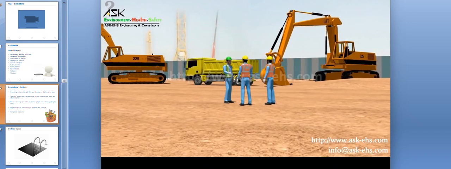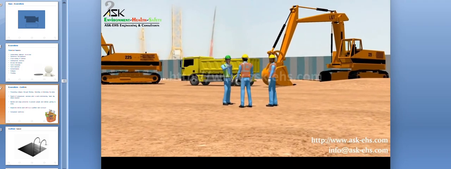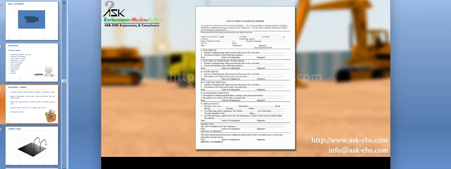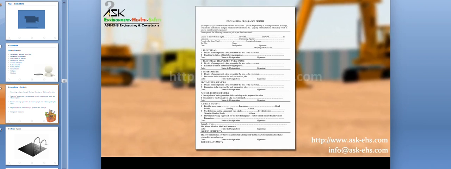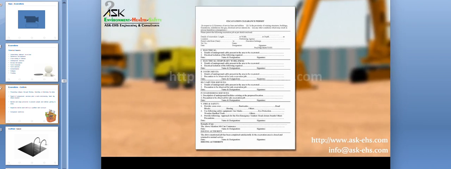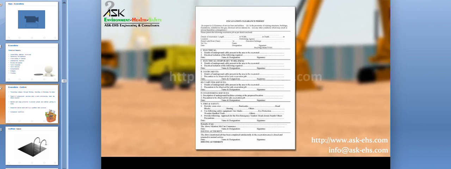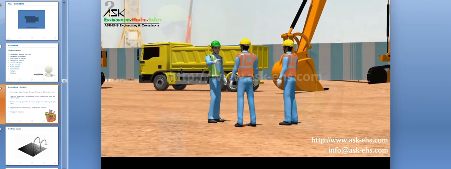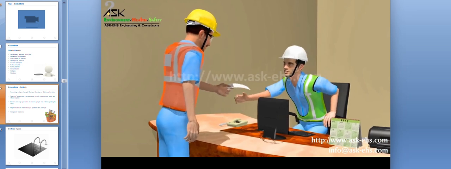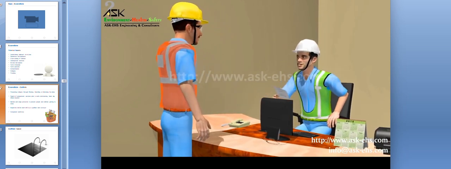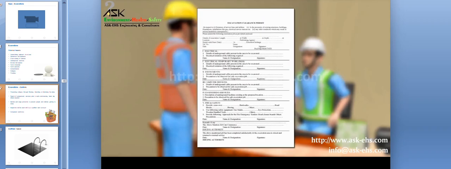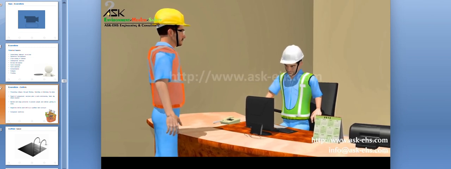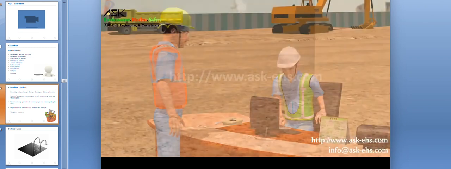Before starting any excavation, your supervisor will take a work permit for the areas that are to be excavated. This will ascertain the presence of underground utilities, and if they are present, that such utilities are properly isolated. This permit is given by the section in charge, and it is a clearance to start excavation and the corresponding safety precautions to be taken.